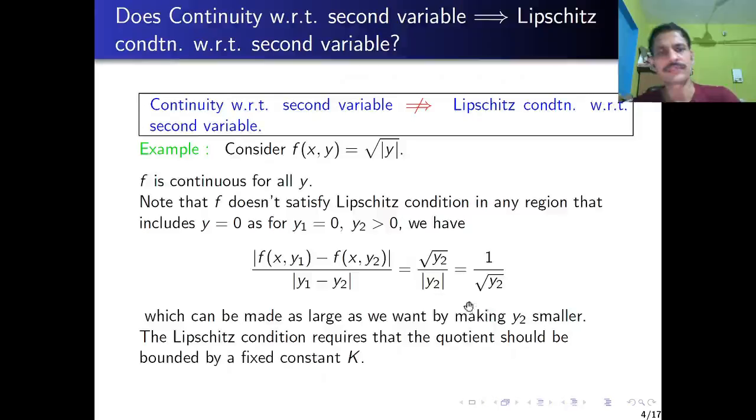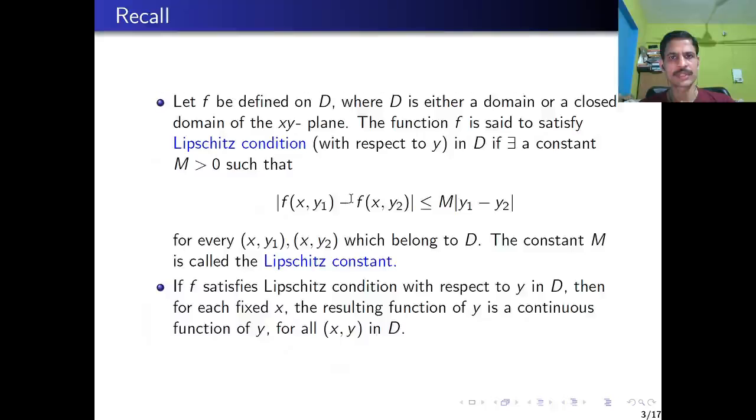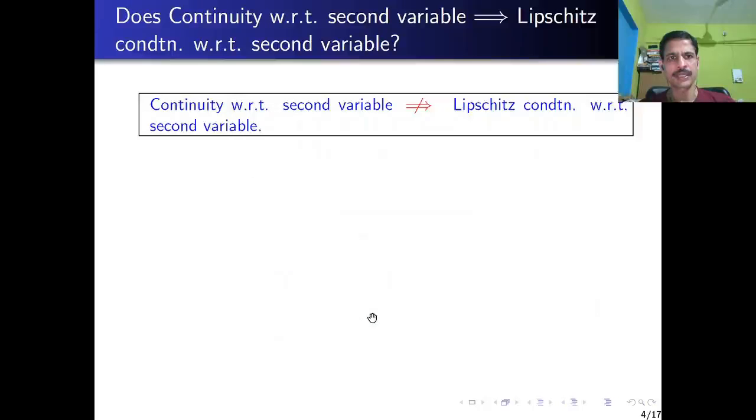So what we have seen till now is that a function which satisfies Lipschitz condition with respect to the second variable will be continuous with respect to the second variable. But continuity with respect to the second variable does not imply Lipschitz condition.